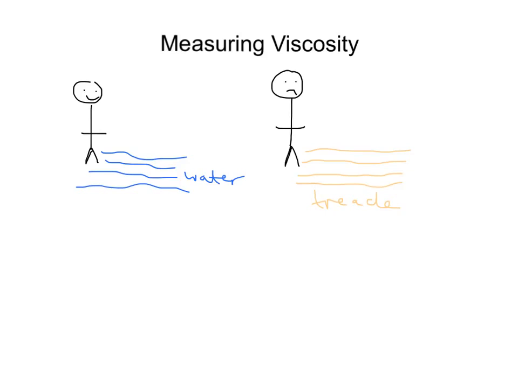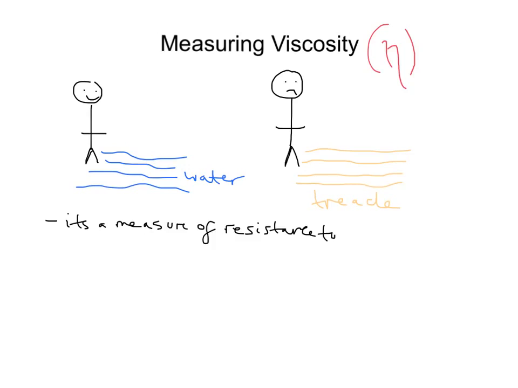So viscosity of a liquid, and at the top we'll just put its symbol, looks like an unusual shape N, so we're going to use that symbol for viscosity. Viscosity of a liquid is a measure of its resistance to flow. So we'll just put that in there. It's a measure of the resistance to flow.